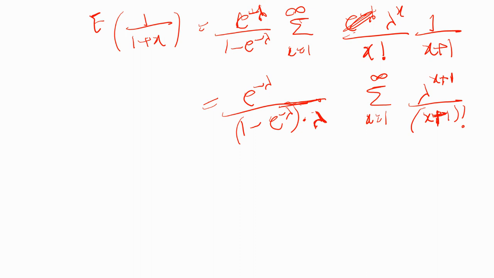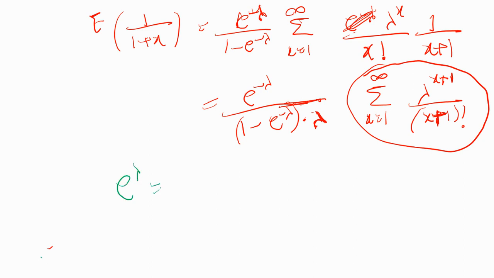All we are trying to do is make this in terms of e to the power lambda. If we put x equal to 1, it will be lambda square divided by 2 factorial, so we don't have this part.